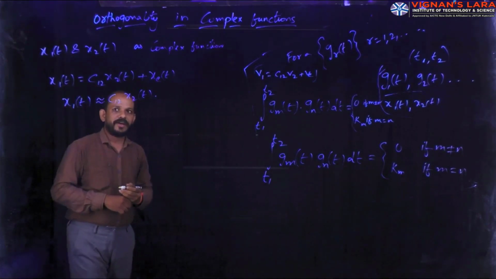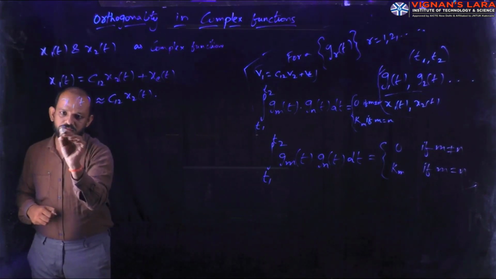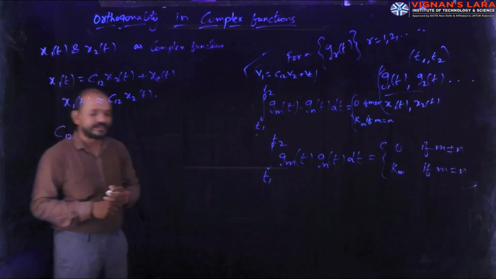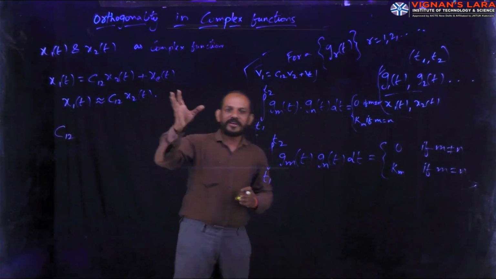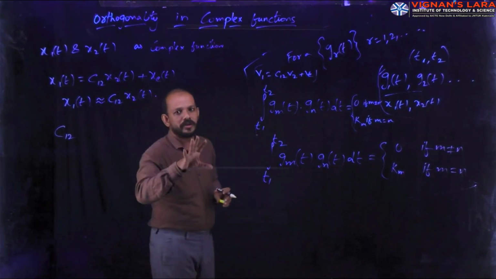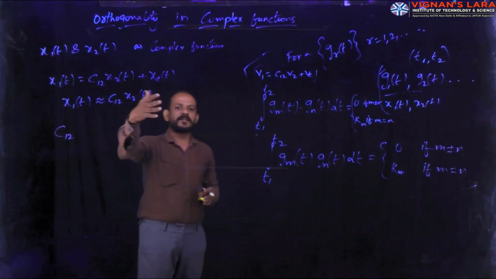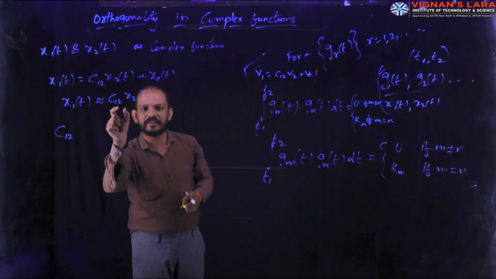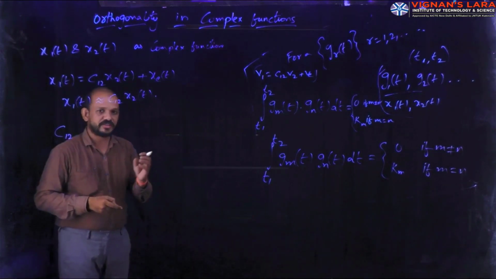Now, what is the value of c12? Can you tell me the value of this c suffix 12? The similarity of the functions depends on the constant c12. The constant plays a major role in vectors, in real valued functions, and in complex functions. The main criterion is given by c12.